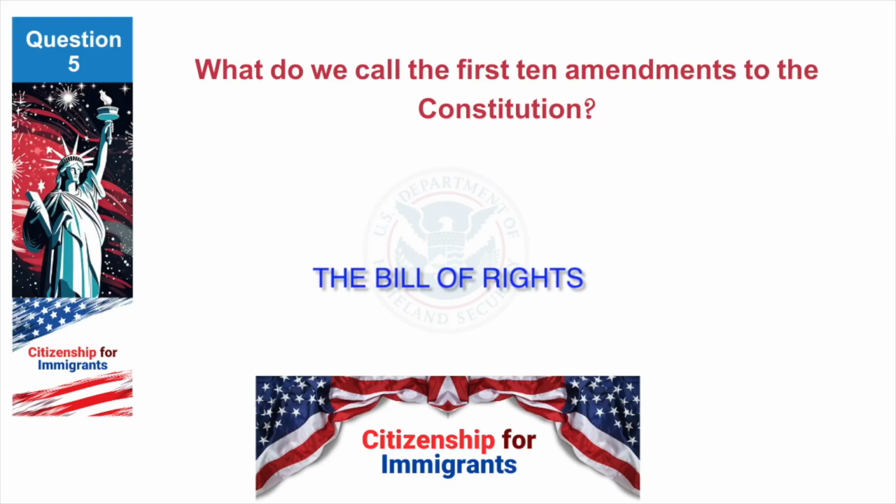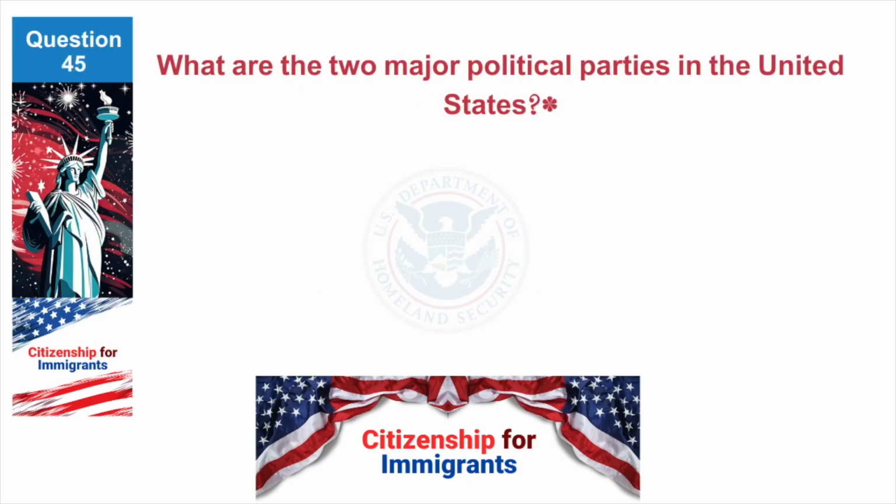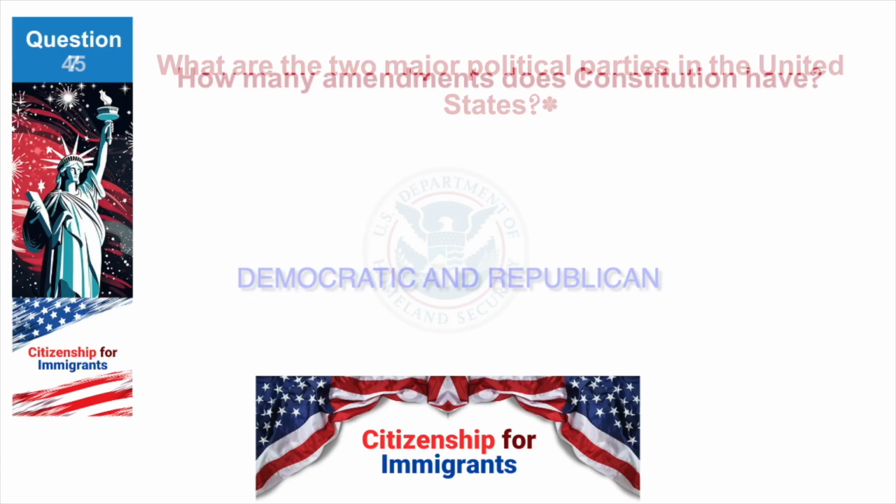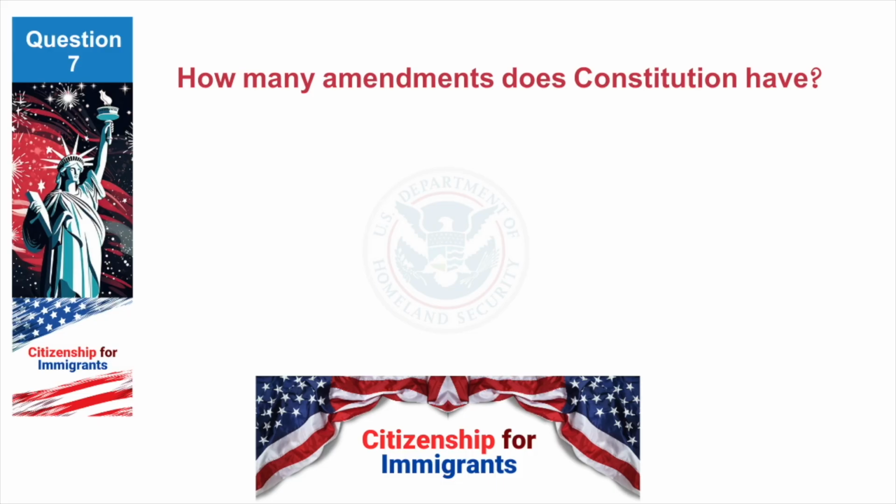The Bill of Rights. What are the two major political parties in the United States? Democratic and Republican. How many amendments does the Constitution have? 27.